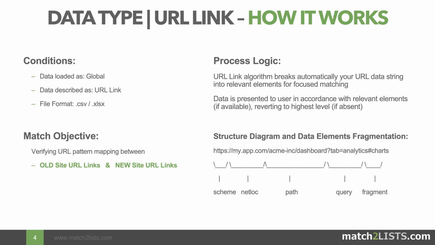The process logic behind it is that the algorithm will break down automatically the URL data strings into relevant elements, and these are scheme, netloc, path, query, and fragment. And depending on what is available inside your data, these options to further verify the information will be presented to the users if available, and not if not, so they will revert back to the highest level of the data.